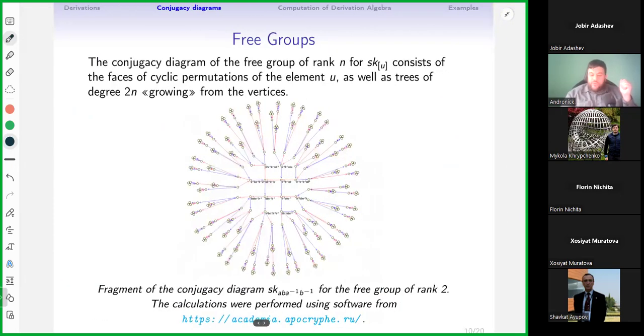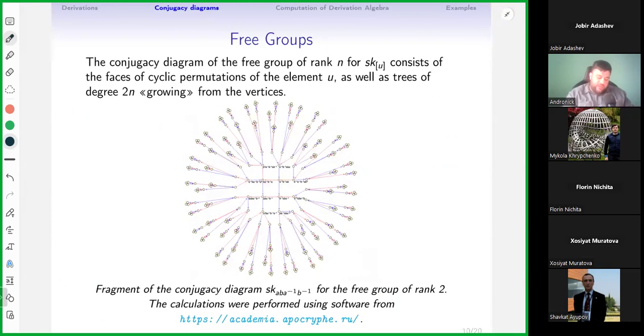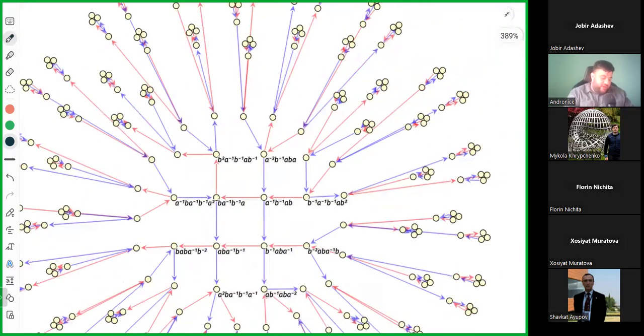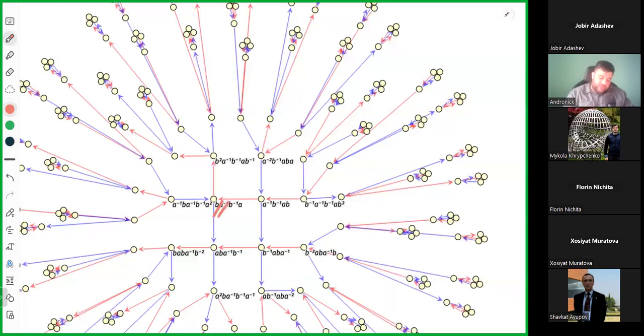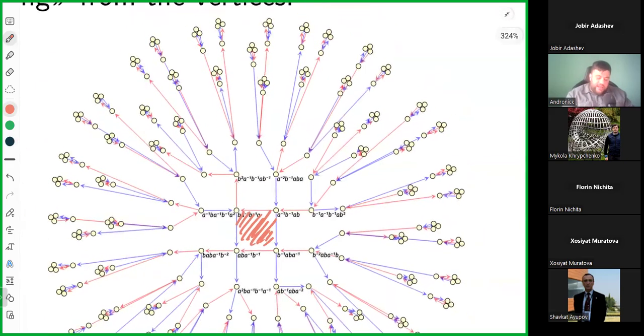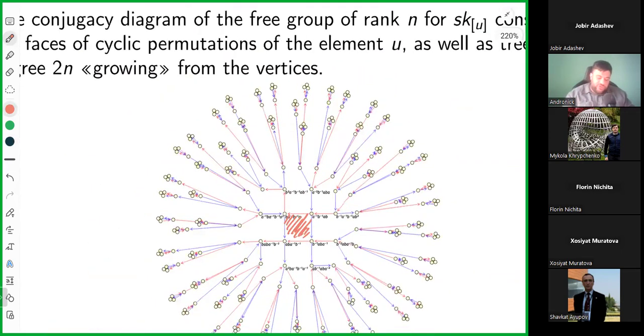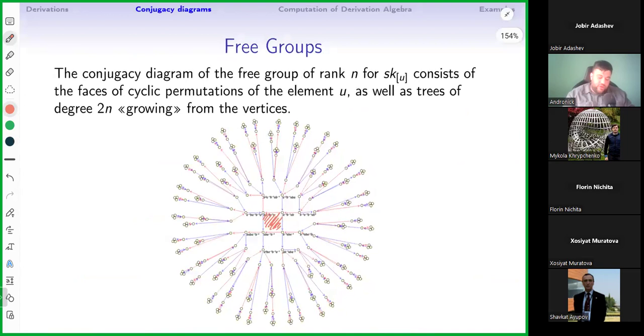And for example, for free groups, I'll make it a little bit nearer. You can see that you have a rectangle here and trees which grow from this rectangle. It's the case of nilpotent groups.